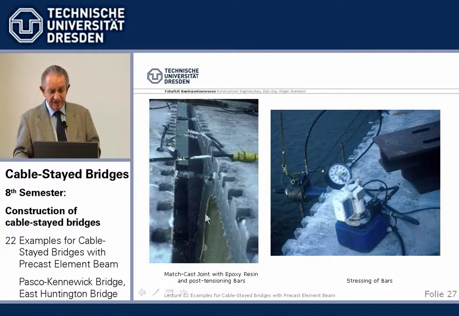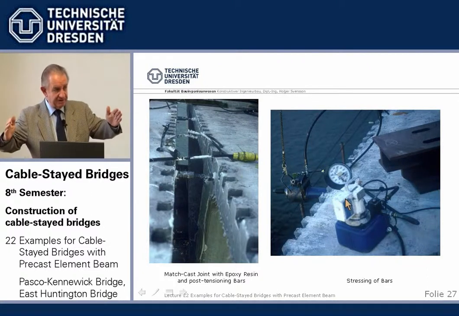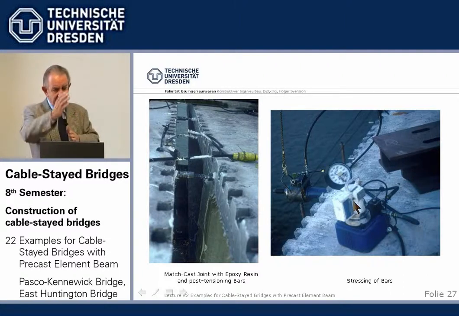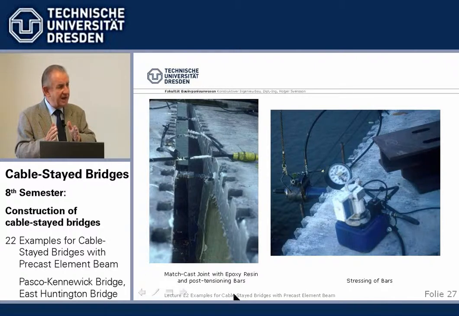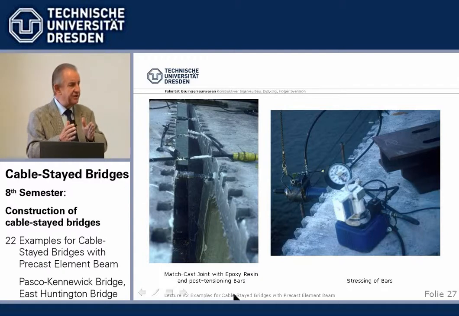And then we have here some post-tensioning bars in empty ducts going through, and at the tip we stress them, these bars, and by stressing them in a prescribed manner we pull together the two precast elements, and we have a certain minimum compression uniform over this, say, epoxy glued area so that the epoxy hardens under small compression, which is the ideal one.